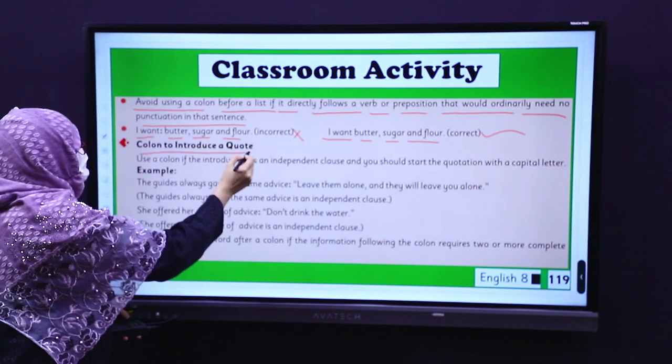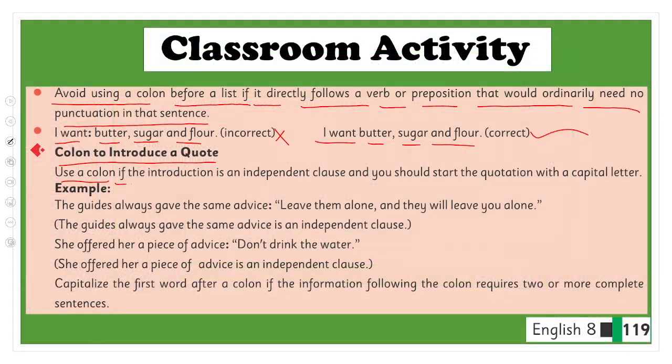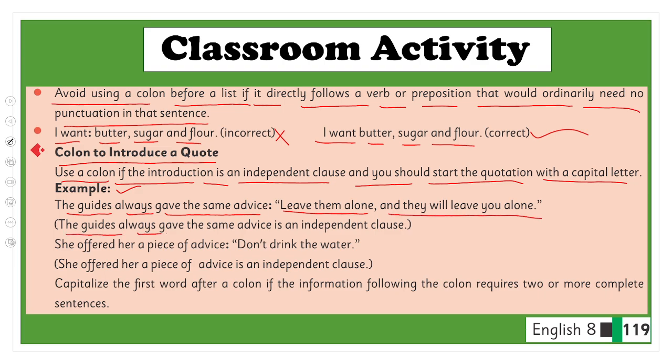Colon to introduce a quote. Use a colon if the introduction is an independent clause and you should start the quotation with a capital letter. For example, the guides always gave the same advice: leave them alone and they will leave you alone. The guides always gave the same advice is an independent clause. She offered her a piece of advice: don't drink the water.